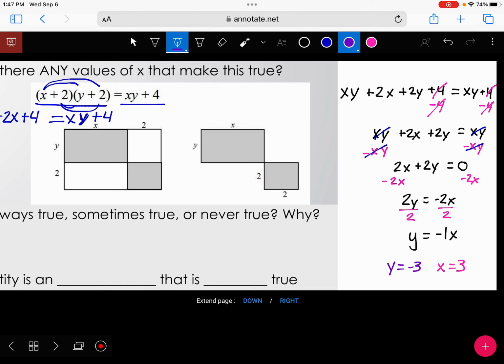If we have equal opposite things, they're going to wind up canceling out sometimes. But does it work for every value of x and every value of y? Or just specific ones? Just specific ones, right? Little ones. So this is something we call a sometimes true.